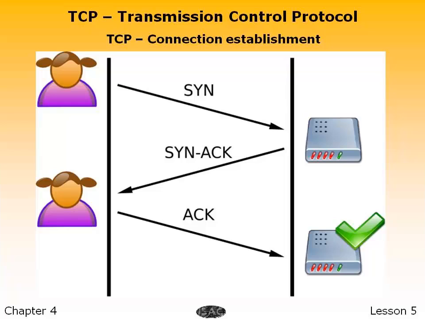TCP primarily uses a cumulative acknowledgment scheme, where the receiver sends an acknowledgement signifying that the receiver has received all data preceding the acknowledged sequence number.